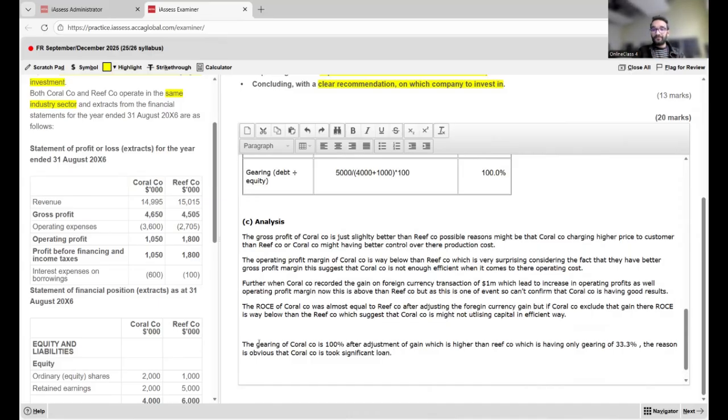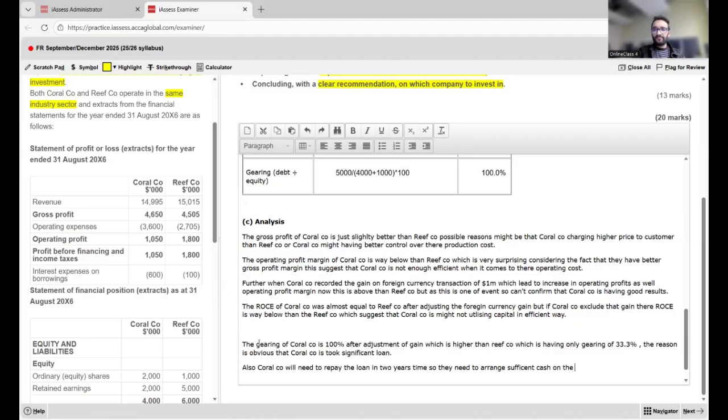Other factor, also, Coral company will need to repay the loan in the upcoming 2 years term, in 2 years time. So they need to arrange sufficient cash in future, sufficient cash.